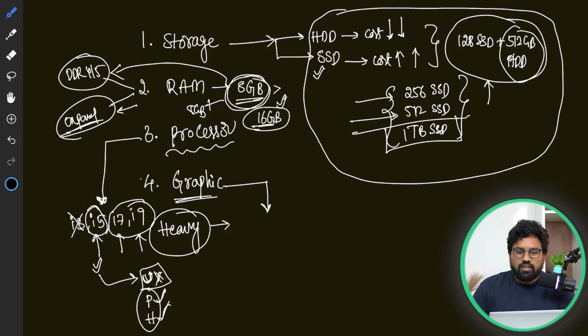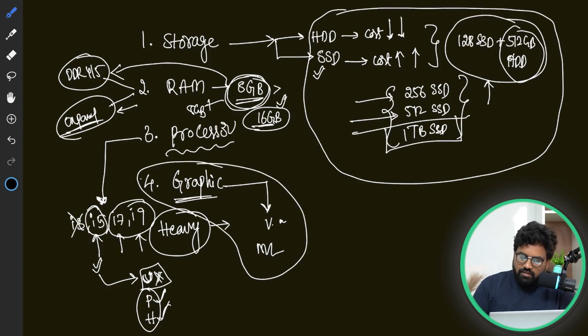It is useful for video editing software, gaming, and machine learning models. For example, if you are developing Android apps, graphic cards are needed. But as of now, as a programmer, we don't need it. You can compromise on it, okay?